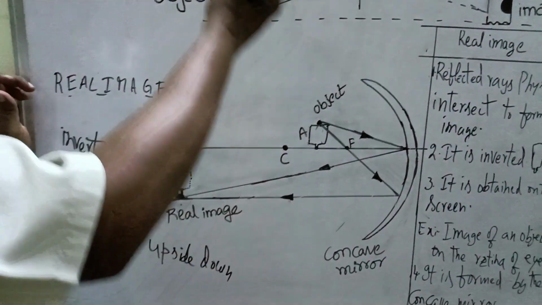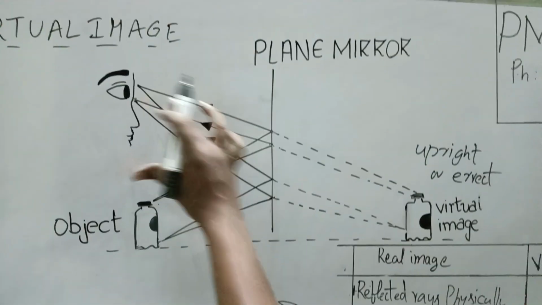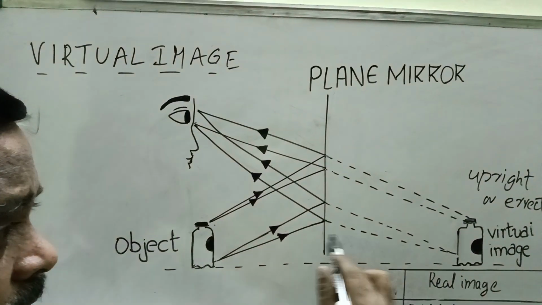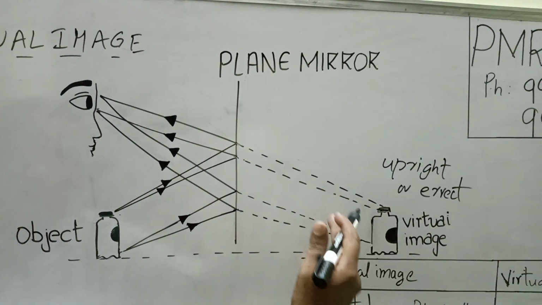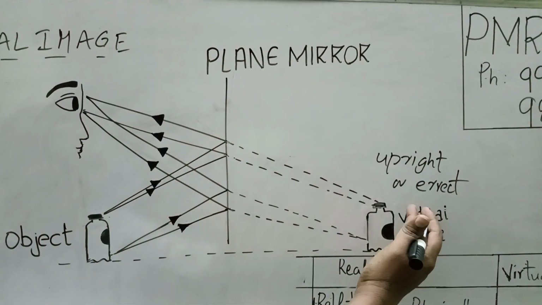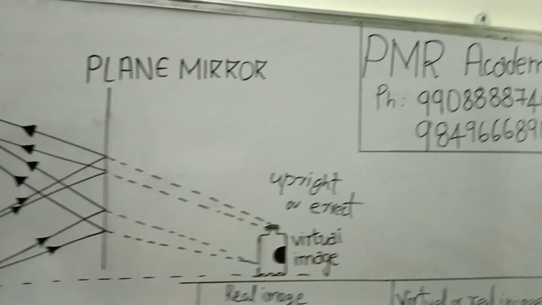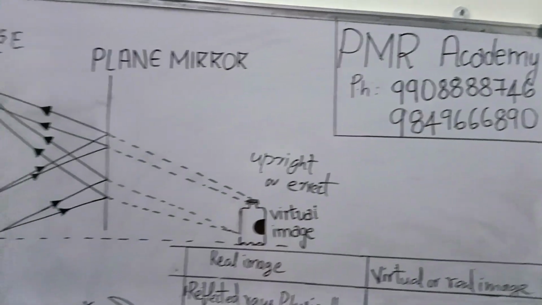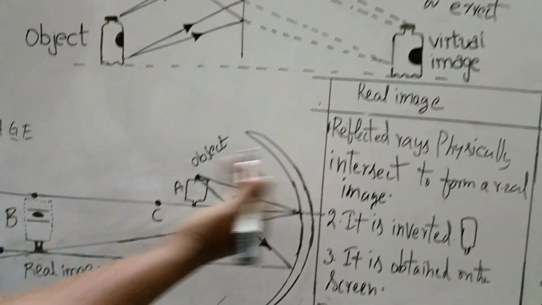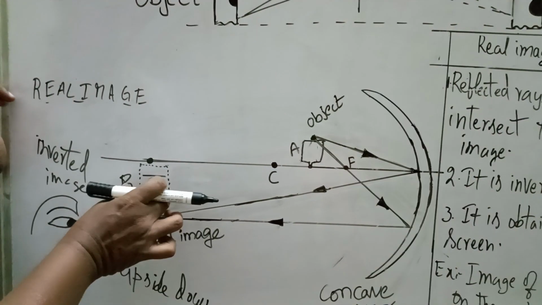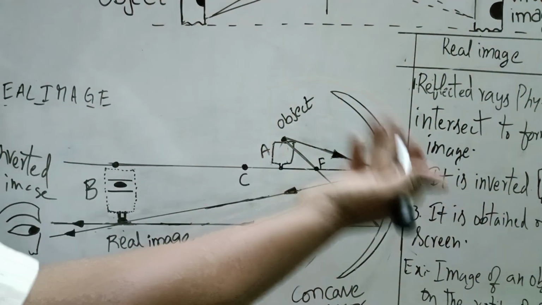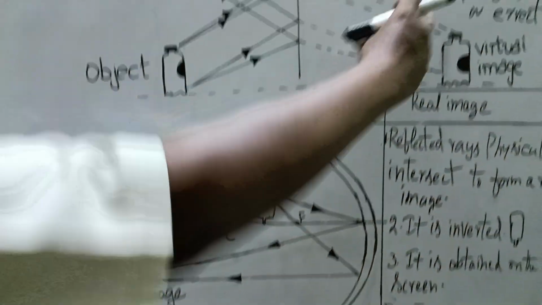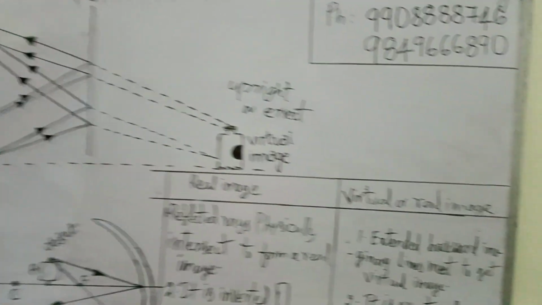Remember that in the case of the virtual image, the image is formed at the back side of the plane mirror, at the other side of the plane mirror, whereas in the case of the real image, the image is formed at the same side of the concave mirror, but not at the opposite side.